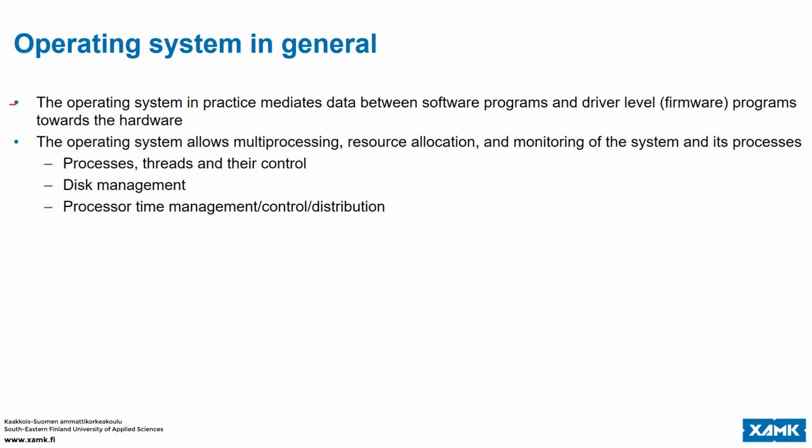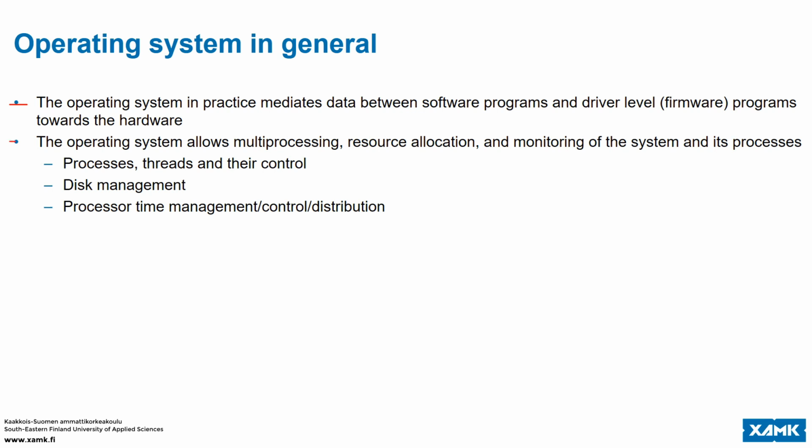But maybe the first definition would be that the operating system is a piece of software that mediates data between other software programs and the driver level or hardware level of the computer's hierarchy or computer architecture. So it mediates data between software and hardware.